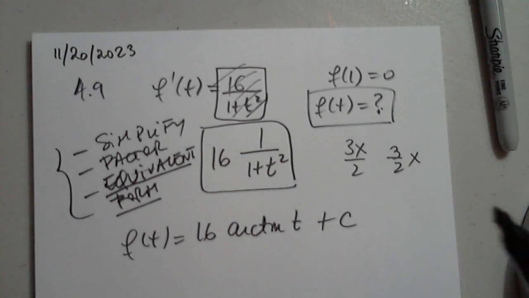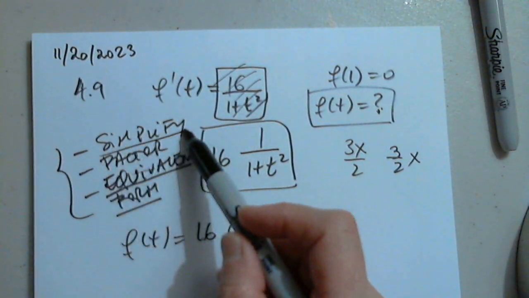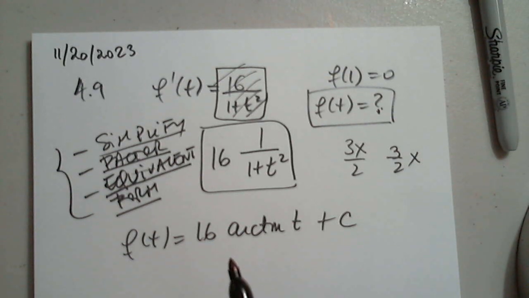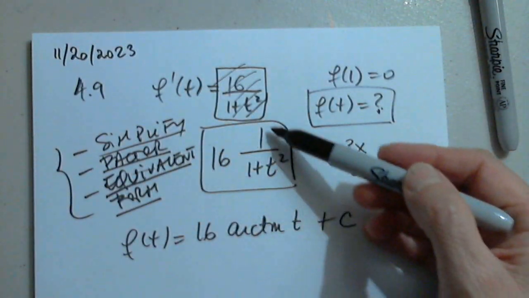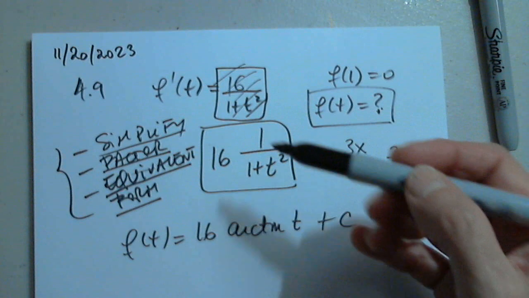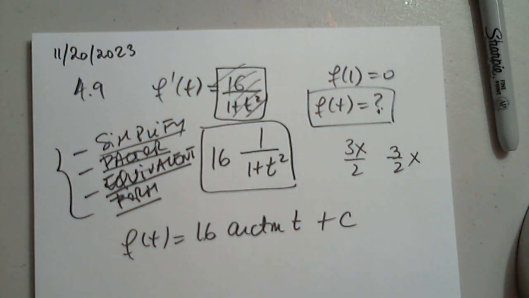Maybe, I'm not saying for sure, but always try to decompose what you're looking at. You either simplify, or you factor, or you think of equivalent forms. So I did try to do that, but I didn't see it as arc tangent. Because arc tangent prime, once you decompose it like this, or think of the equivalent form, arc tangent prime is 1 over 1 plus t squared, and you're done.